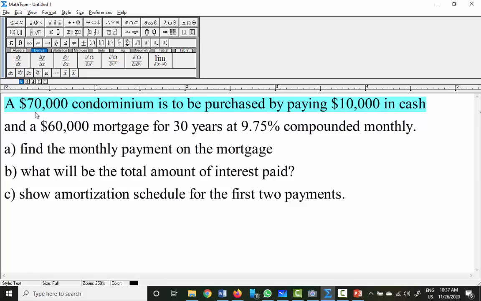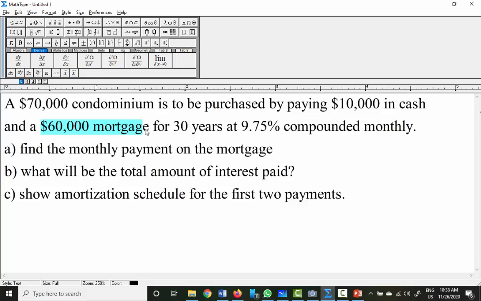You have paid $10,000 cash, and the remaining $60,000 you have paid by a mortgage loan, and the maturity of the mortgage loan is 30 years.